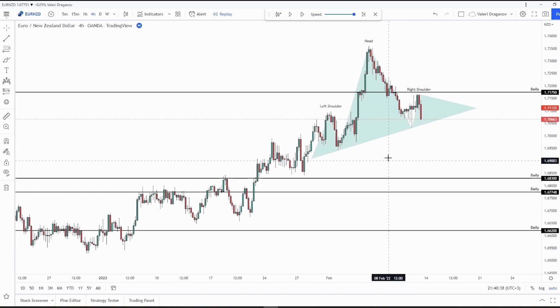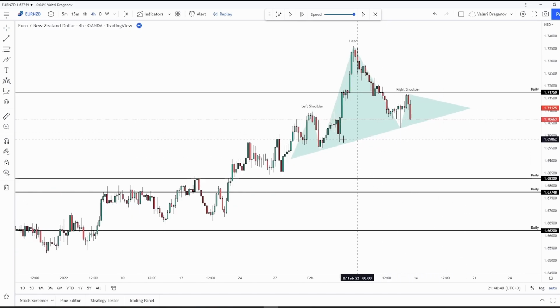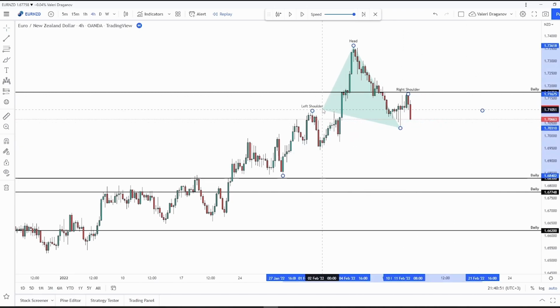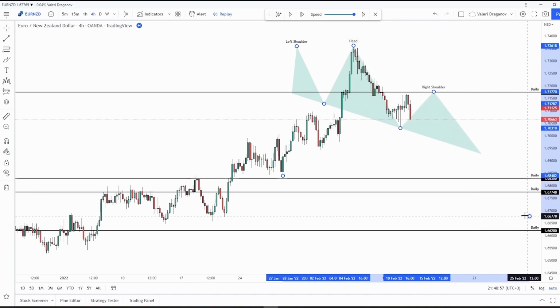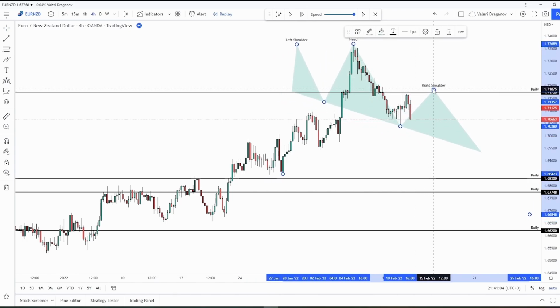And the second thing about this example is you can see how our head and shoulders here is tilted up. If it was tilted down, let me draw it like this. If it was like this, maybe it's not good for trading. Why?